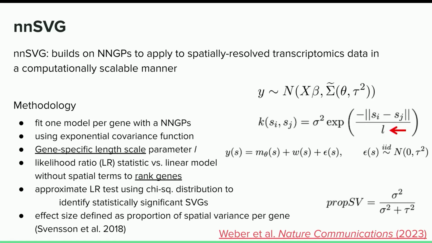Existing models just set this to be fixed, and they assume the length scale parameter is the same for every single gene, but I showed you before that the bandwidth or the length scale parameter actually varies quite a bit and is important for identifying spatially variable genes. We fit models with and without a spatial component, and then we estimate a likelihood ratio test to rank genes.